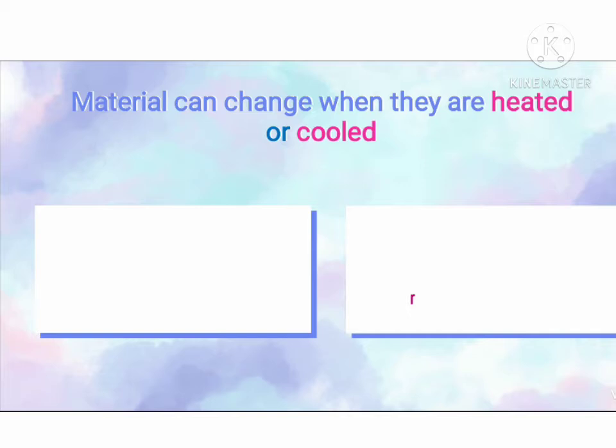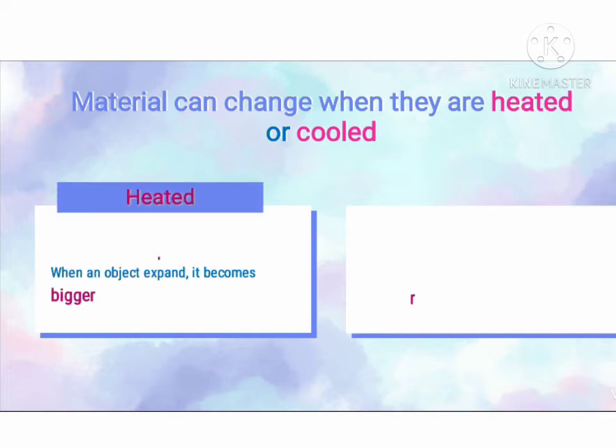Okay guys, so besides those actions that make the physical change with material, the material can change when it is heated or cooled. When the material is heated, most materials expand or grow bigger. When an object expands, it becomes bigger.